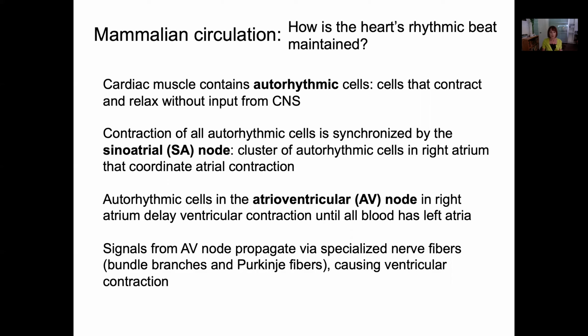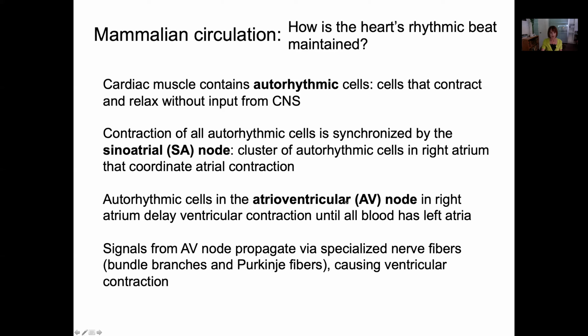And so both of these nodes of autorhythmic cells are in the right atrium. And I'll show you a diagram of all this in a moment, but I'm just giving you the text first. And so the sinoatrial node is in the right atrium, and this coordinates the atrial contraction.